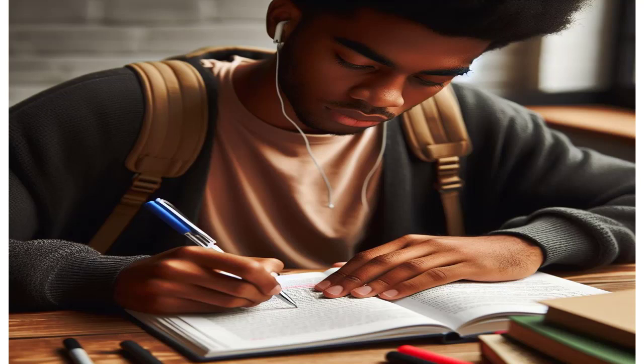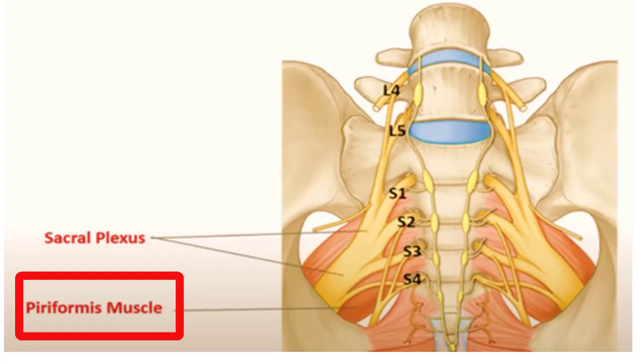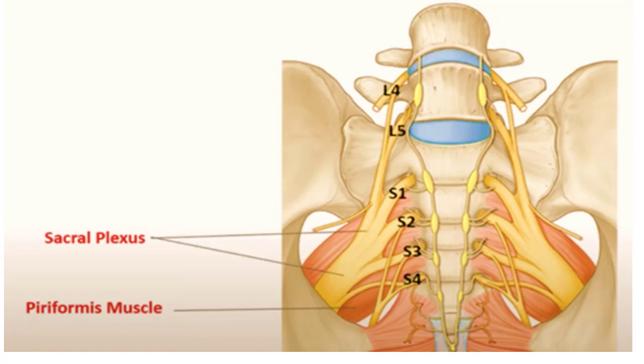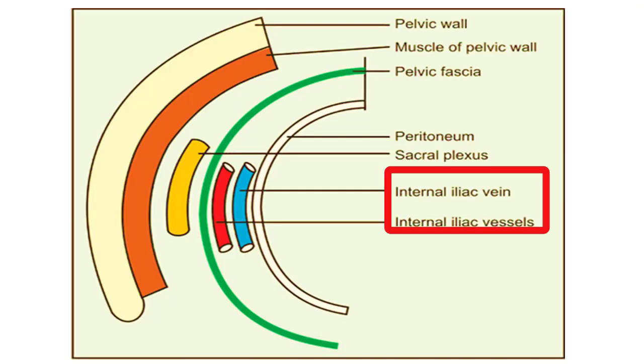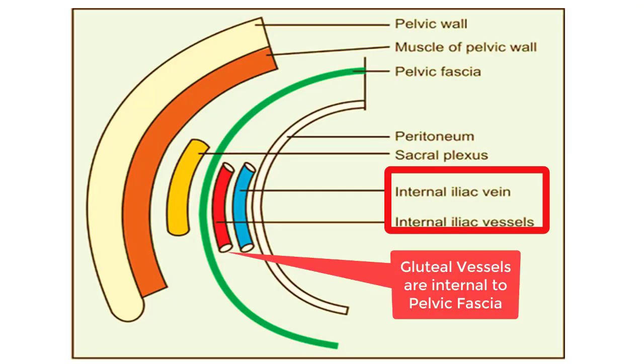For this, remember the fascia that covers the piriformis is thin there, and the nerves over the piriformis, for example the sacral plexus, lie external to this pelvic fascia, and of course it does not pierce the pelvic fascia when passing out from the pelvis because it is external to it. While the gluteal vessels are internal to the pelvic fascia, and therefore when they pass out from the pelvis, the fascia is pierced.